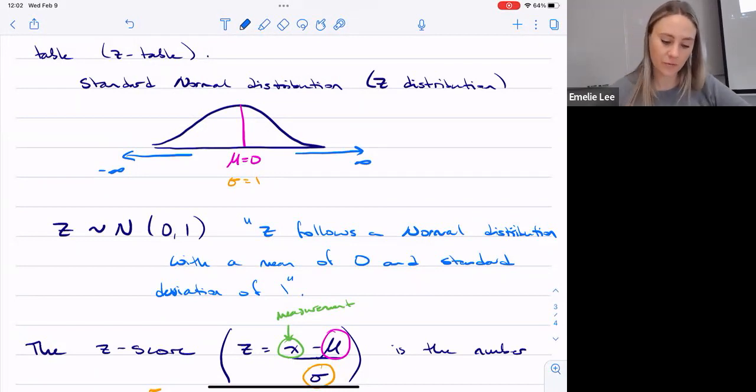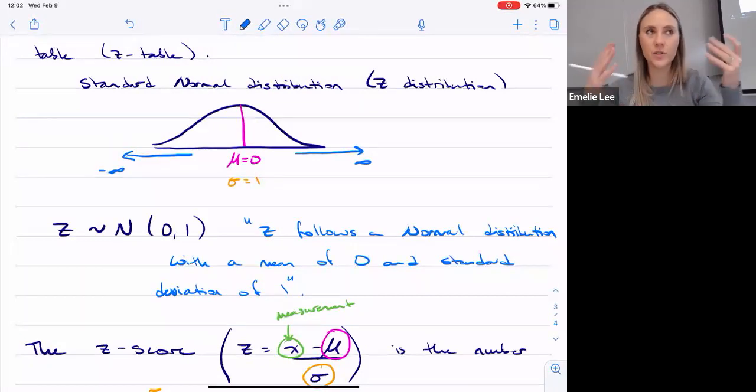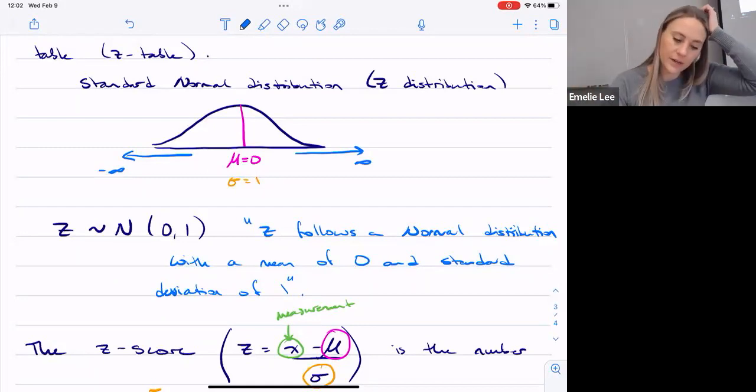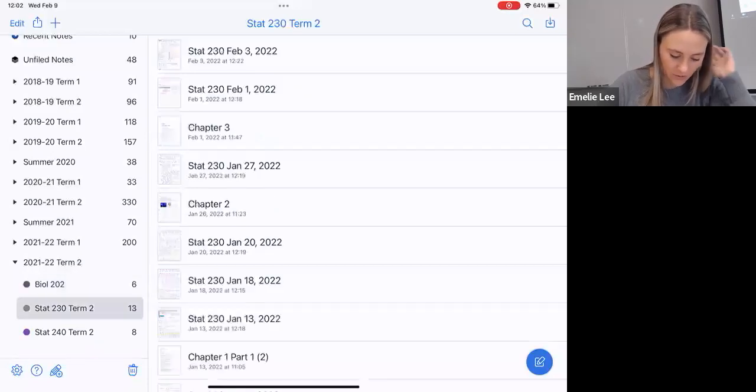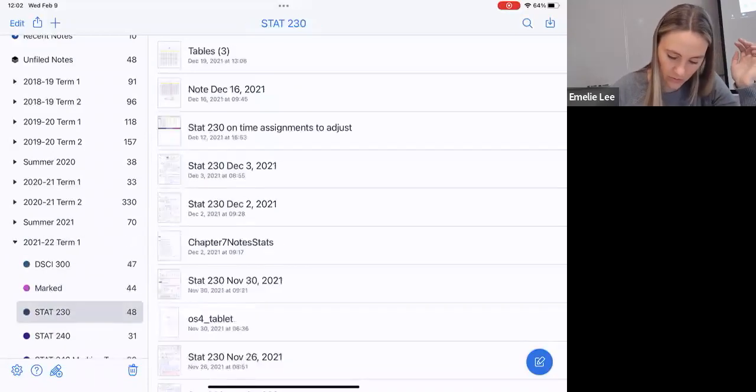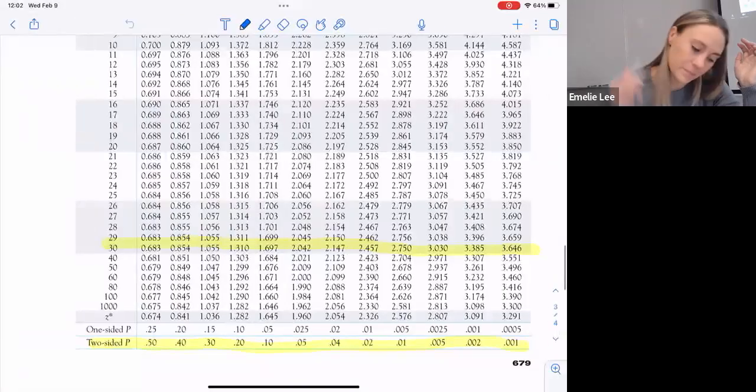So to find the areas under the curve, because that's going to be our ultimate goal, we need to first standardize the values so that we can use that table that I gave you, because the table gives us the values that we need. Now, let me see if I have, it's probably here. Okay.